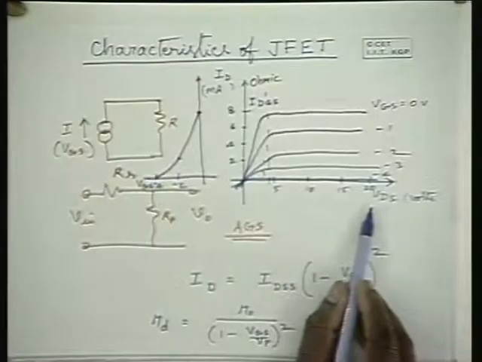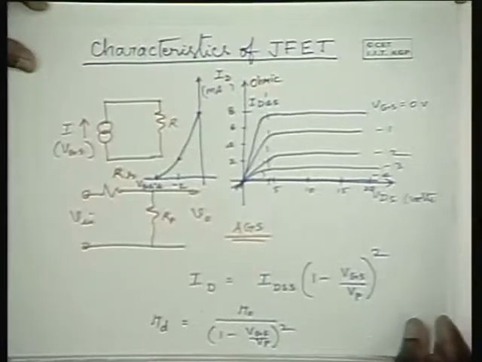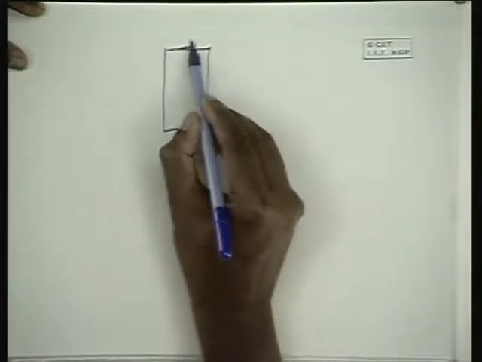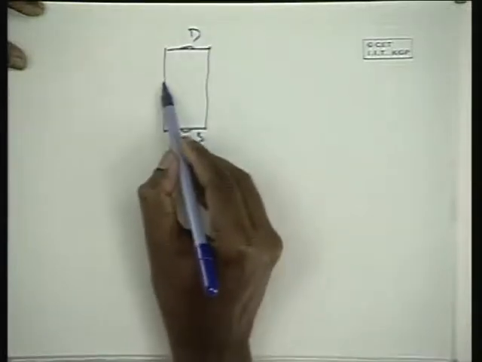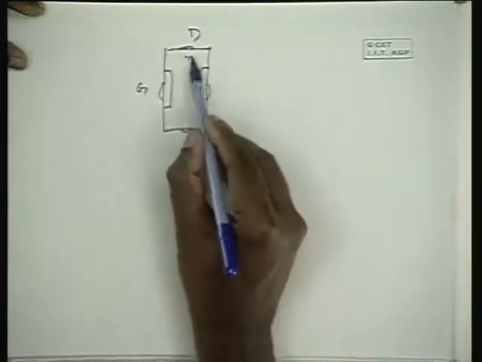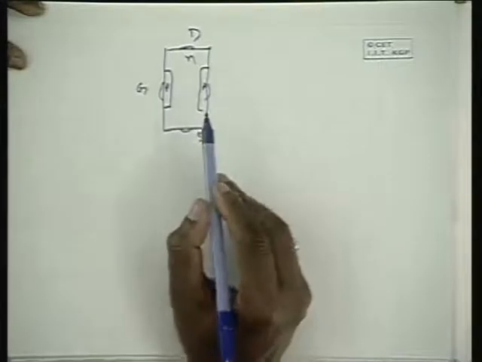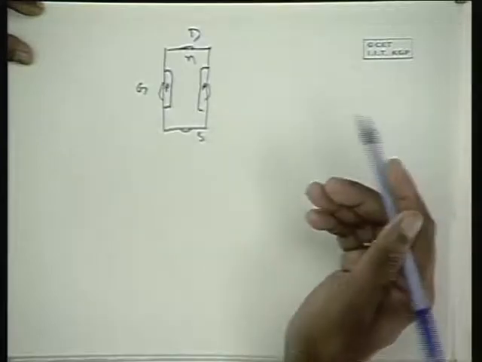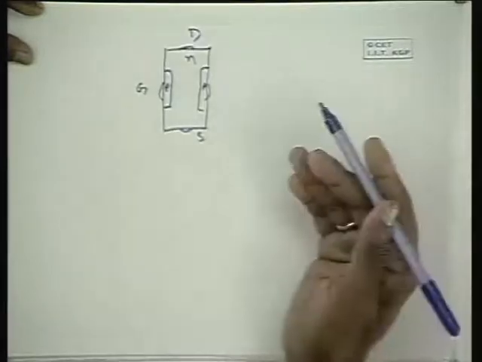Any other question? Can the voltage be negative, sir, in the characteristics? The question is whether this voltage VDS can be reversed. As I mentioned previously, when the construction is symmetric, and this is drain and this is source, and you have here gate, it's an N channel FET, and this is P channel over here. If this is symmetric, then naturally drain and source roles can be reversed. So in a symmetric device, it acts in the same way.